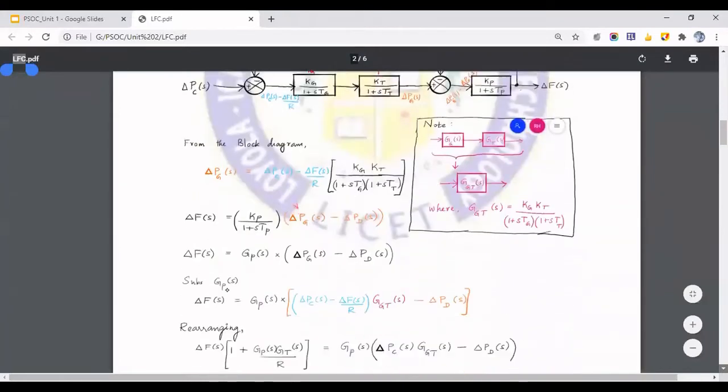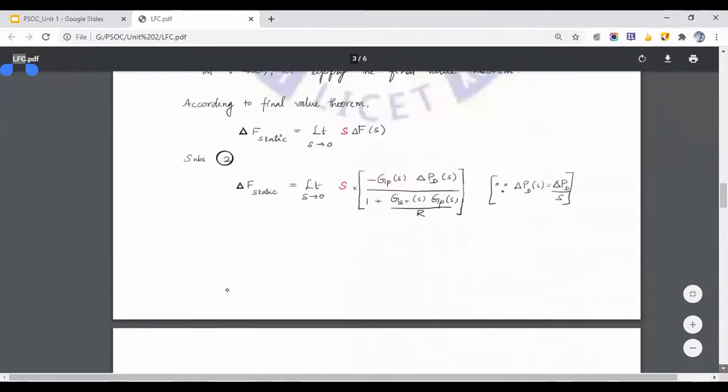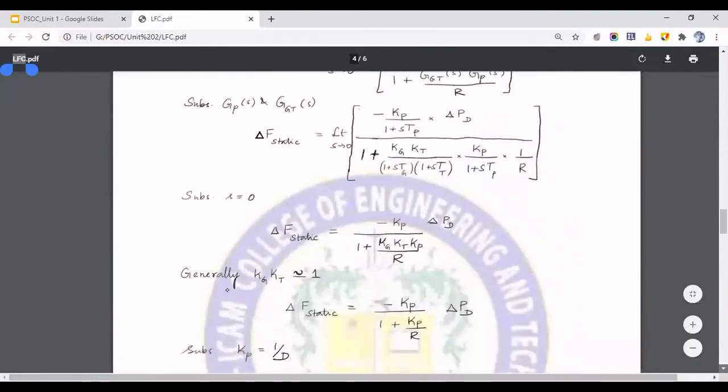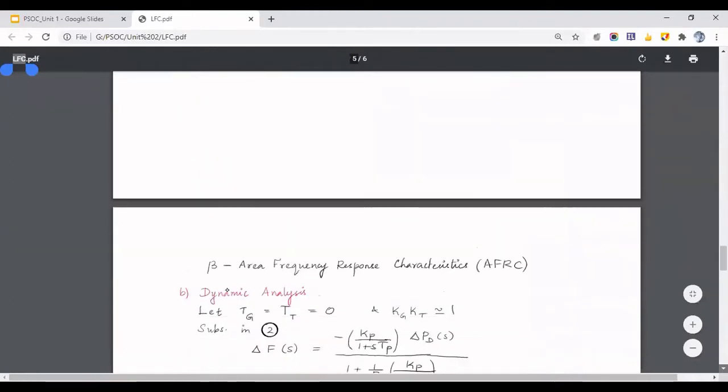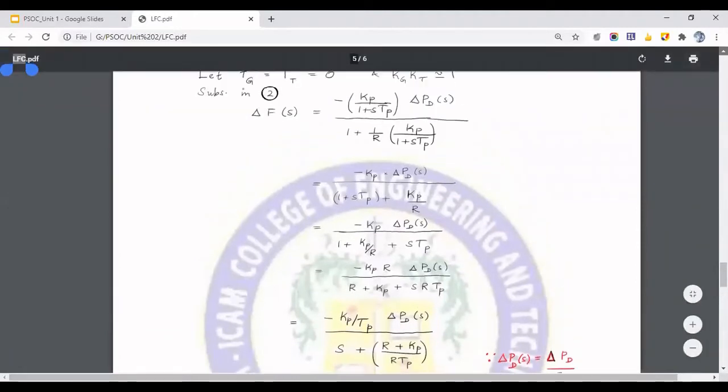In equation number 1, we substitute delta PC of S to be equal to 0, and thereby we arrive at the expression of delta F of S. Let us consider this expression and proceed with the analysis.